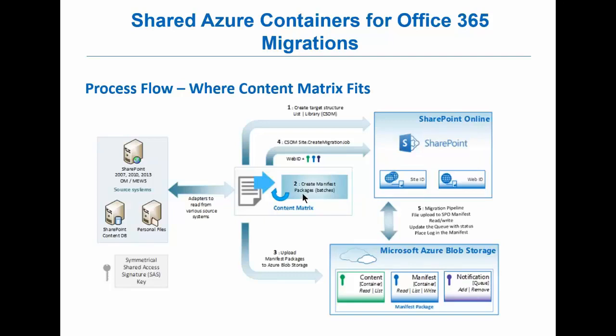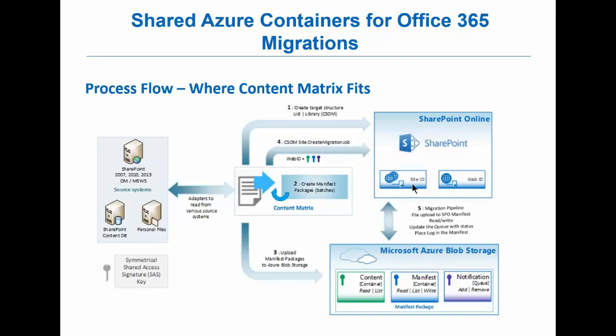And then the fourth step is to create a migration job. This is nothing but submitting a migration job. We're informing SharePoint that, okay, I've uploaded a package, please start the migration process.